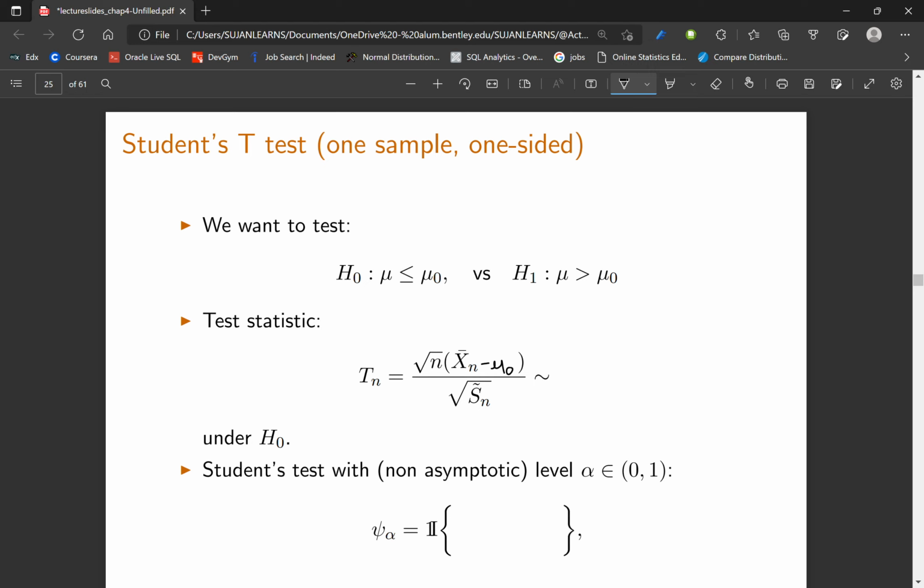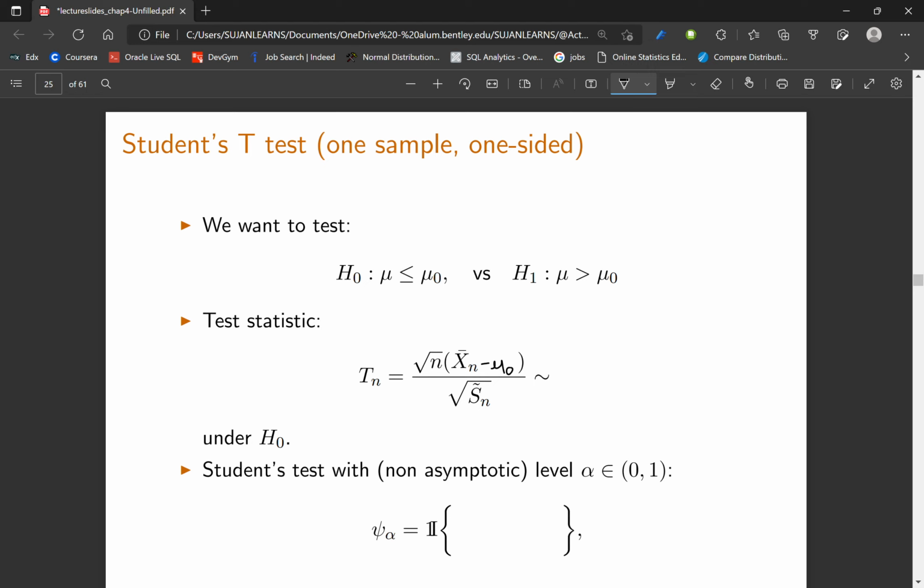And why mu 0? If you look at the null hypothesis, there are several values of mu. Mu can be less than mu 0 or equal to mu 0. Why mu 0? You will choose the value of mu that is closest to the alternative hypothesis, and that is mu 0.